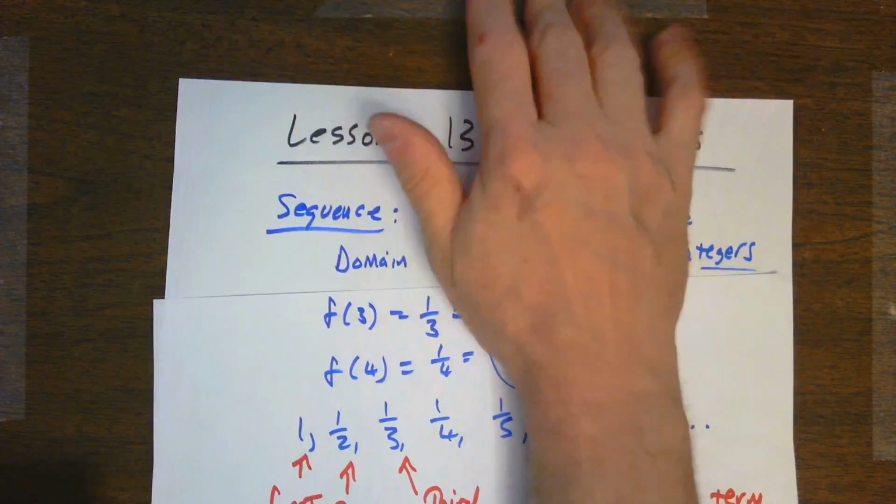Let's take a look at another one, something maybe a little bit more interesting. I'm going to pick something out of the exercise set. Let's see, I have you doing 17 and 19 and 21 and 23. Let's do something like number 28.